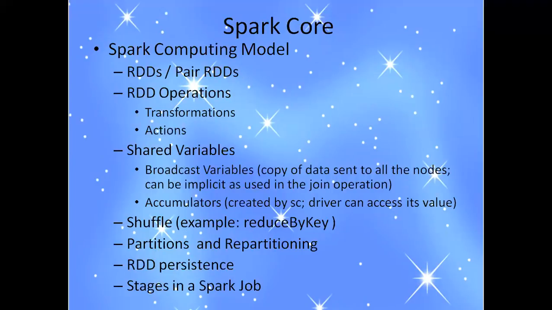The basic abstraction in the programming model for Spark is the RDD. RDD stands for Resilient Distributed Data Set. An RDD is a data structure that you can think of as an array of objects, and the array of objects will be distributed on a cluster.